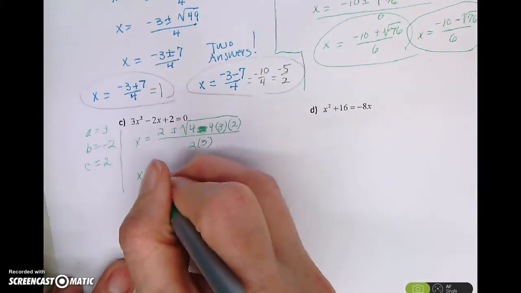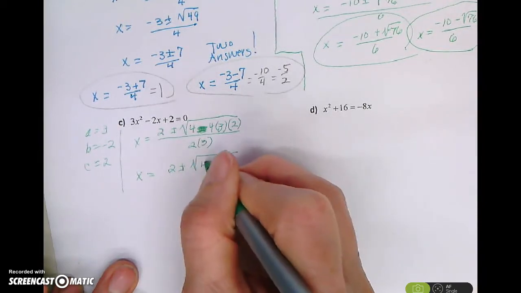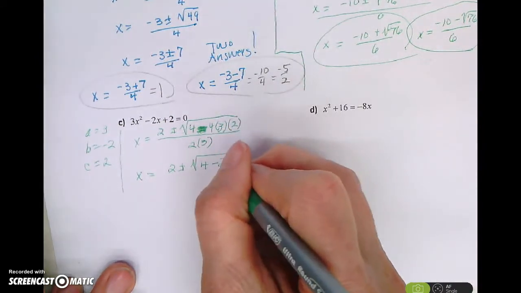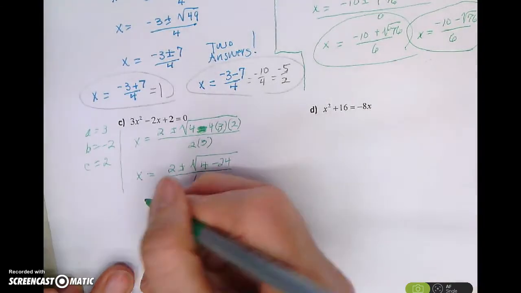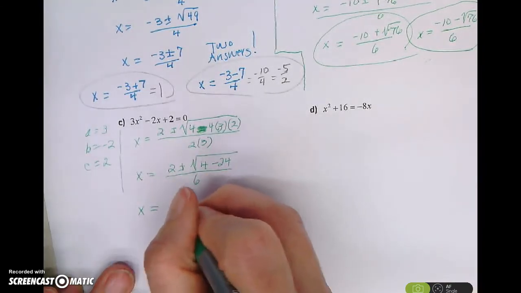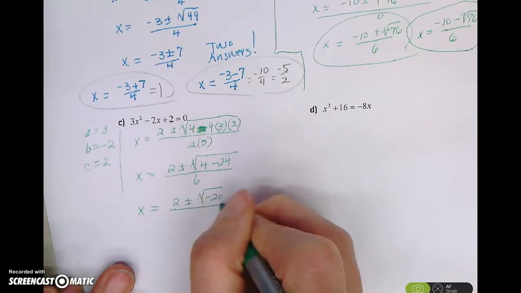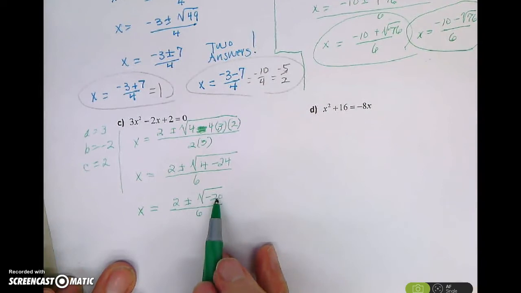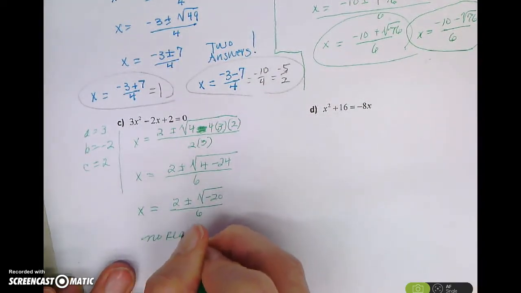So this is going to give me x is equal to 2 plus or minus the square root of 4 subtract 12 times 2 is 24 all over 6. So x is equal to 2 plus or minus the square root of a negative 20 over 6. And we cannot take the square root of a negative 20, so there's going to be no real solutions for that problem.